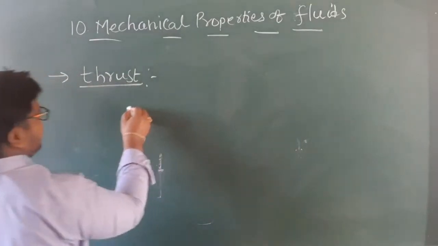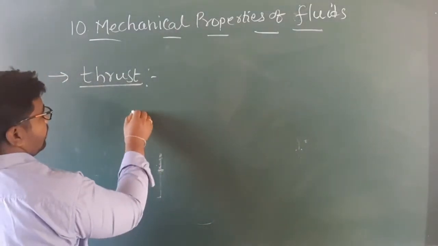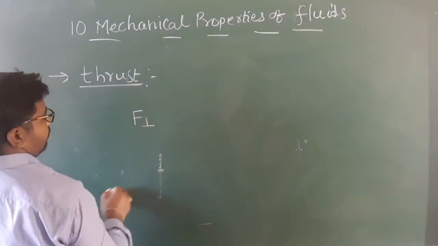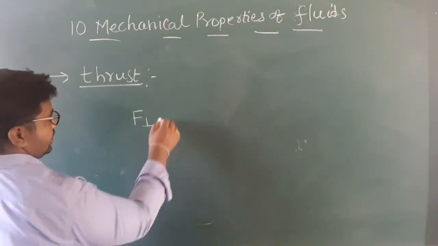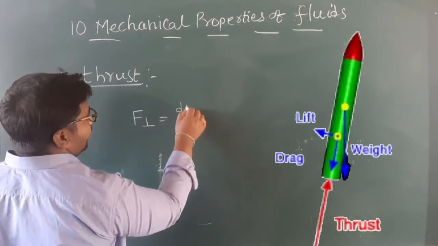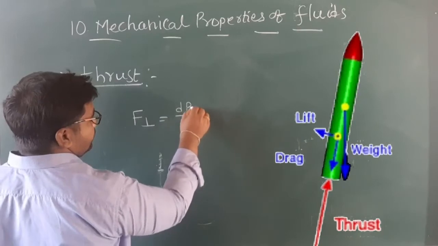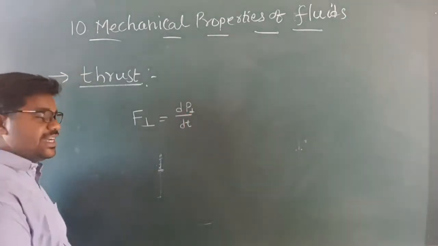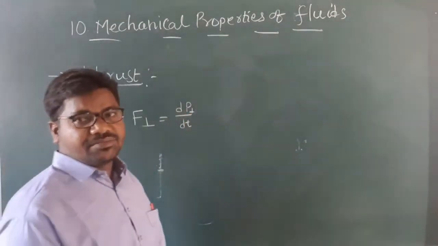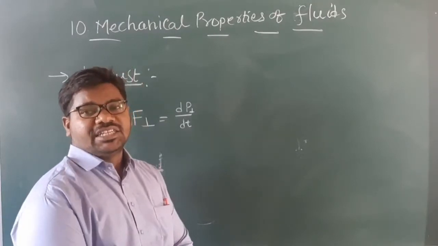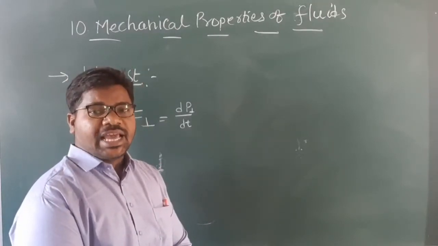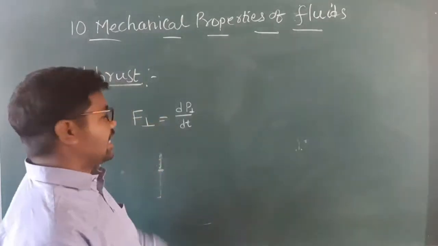See here, thrust, indirectly we can say F perpendicular, the perpendicular force, is equal to dP by dt, which means normal change in momentum per unit time.